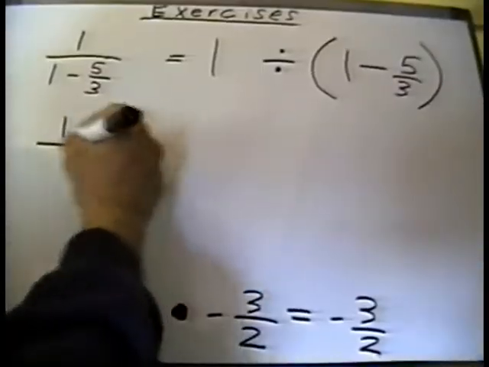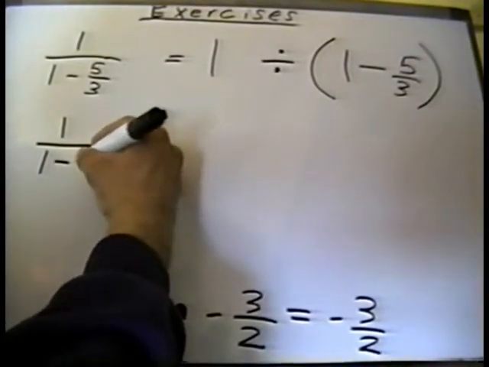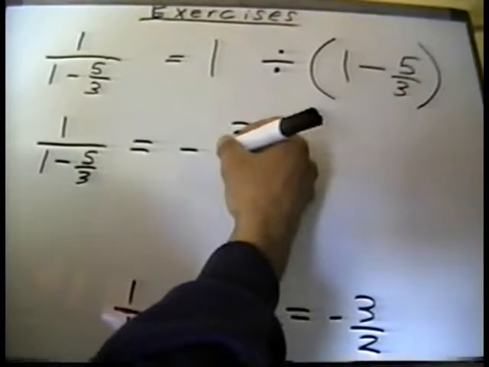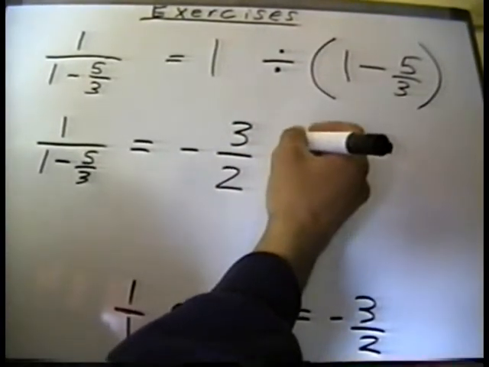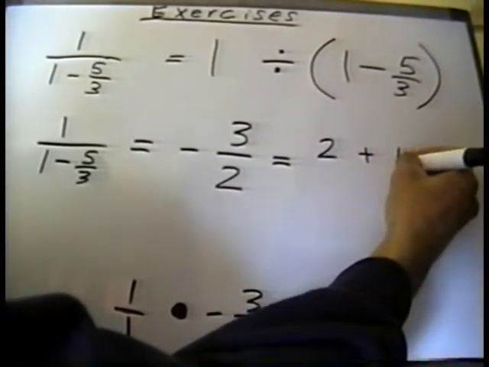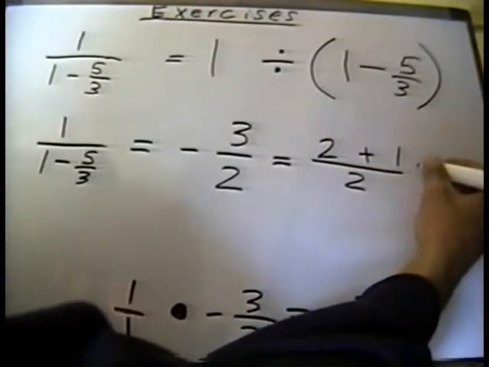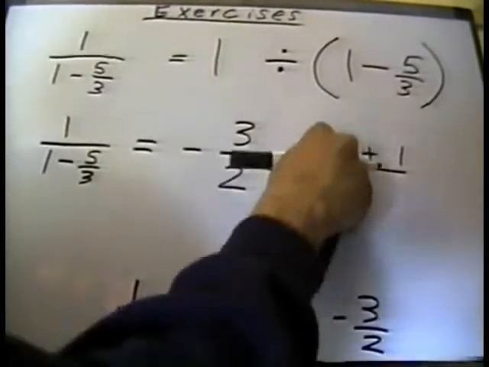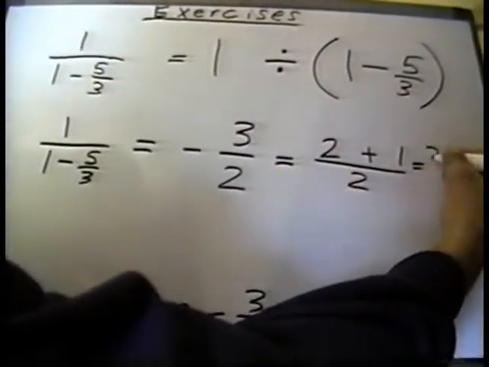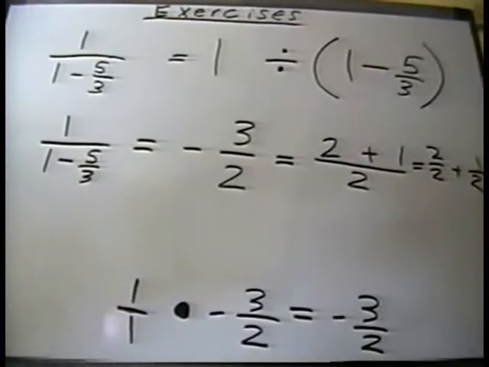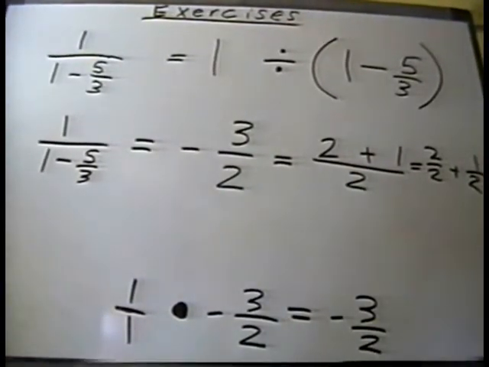So we end up, from that, we got 1 over 5 minus 3 is equal to negative 3/2, or is equal to 2 plus 1 over 2, which is equal to, I'll write it over here, 2 over 2 plus 1 over 2.